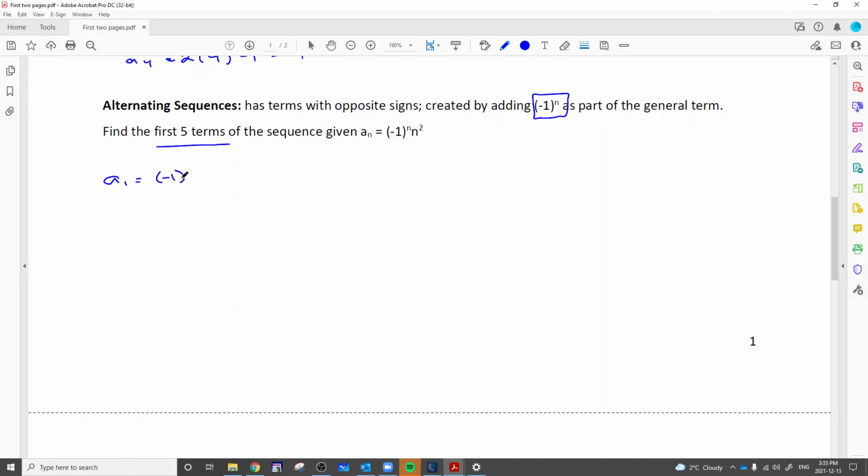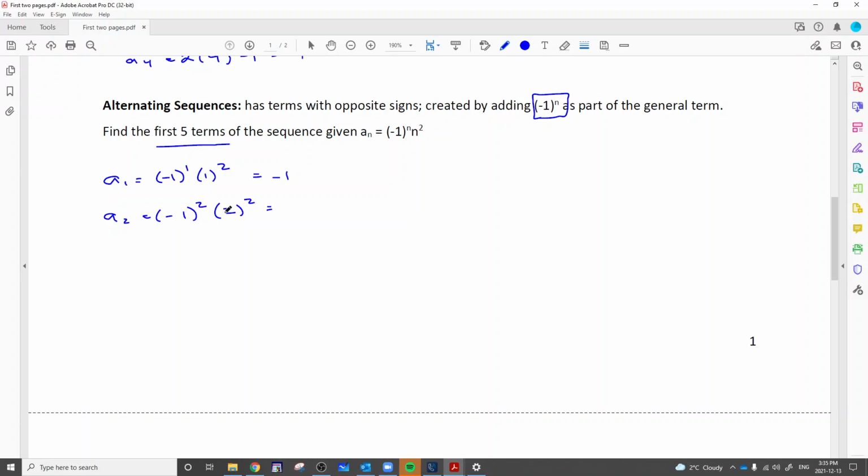So it would be negative 1 to the 1, and then the base is 1 squared. Negative 1 to the 1 is a negative, times 1 squared is 1, so you get negative 1. Then we find the second term. Again, my equation is negative 1 to the n, and then it's n to the 2. So then I get negative 1 squared, which is going to make this term positive.